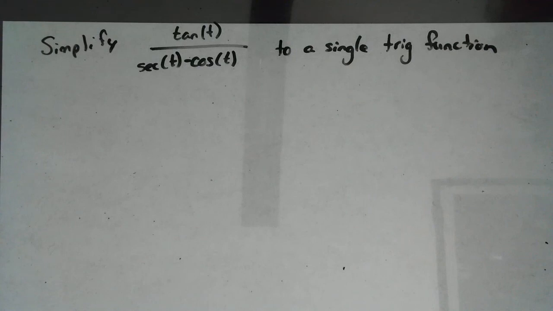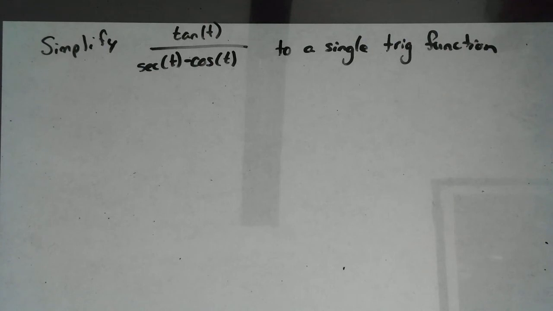So apparently, if we manipulate this enough, then we are going to get to a single trig function, something like sine or cosine. That's going to simplify that far. Now we don't even have two sides to work with, so I'm going to have to do something kind of sort of fancy here apparently.